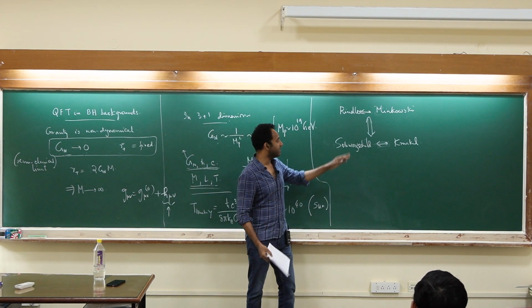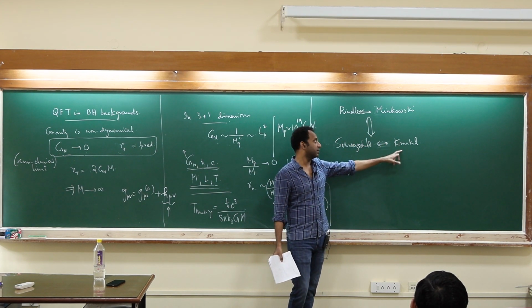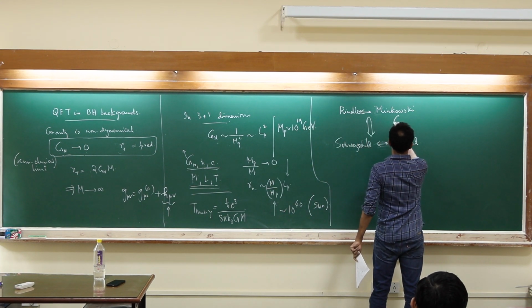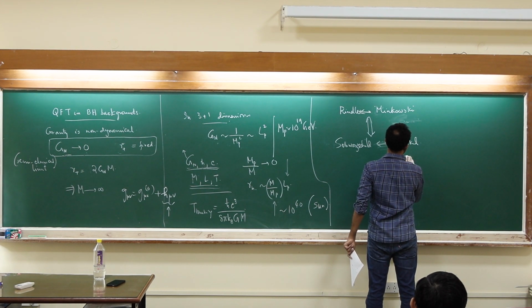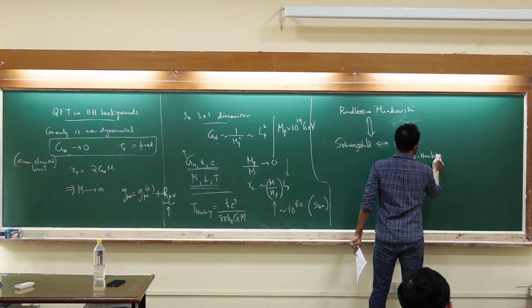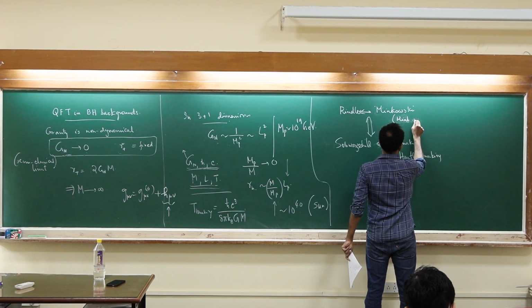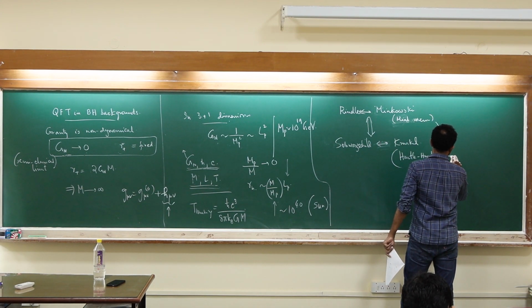As you can already imagine, there will be a thermofield double state which will moonlight for the Minkowski state, and that state, the vacuum here, will be called the Hartle-Hawking vacuum. Okay, I'll talk about it towards the end of this lecture. So this Minkowski vacuum gets mapped to the Hartle-Hawking state.